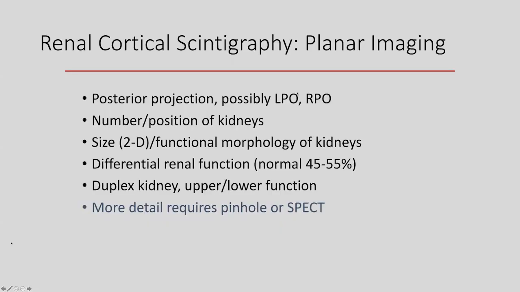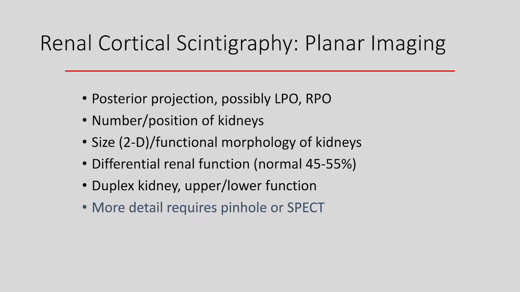Planar imaging, which is most frequently used, includes posterior projections, possibly with added left posterior oblique and right posterior oblique projections. The planar imaging will show the number and position of the kidneys, as well as the location, and it provides a functional morphology of the kidneys.